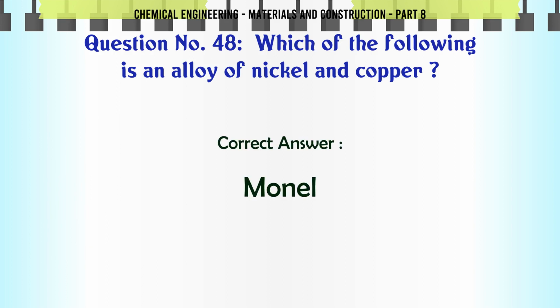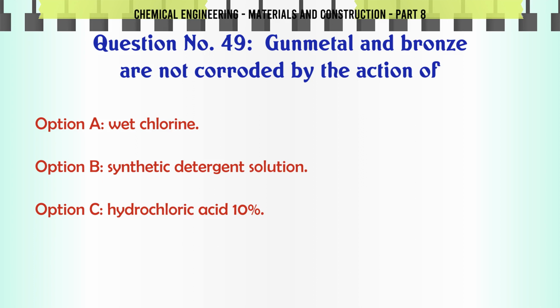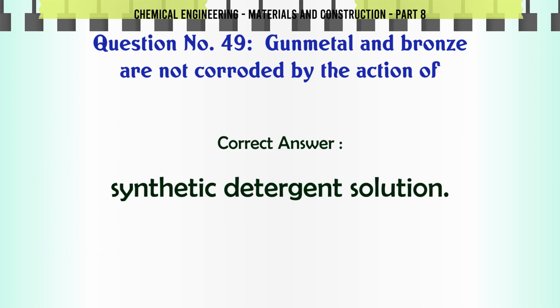The correct answer is Monel. Gunmetal and bronze are not corroded by the action of A. Wet chlorine, B. Synthetic detergent solution, C. Hydrochloric acid 10%, D. Nitric acid 25%. The correct answer is synthetic detergent solution.